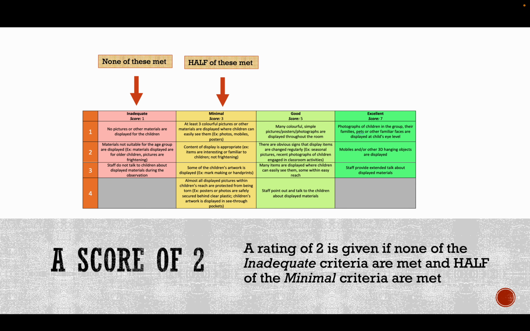So to achieve a 2, you need to get at least 2 of those or 3 of those. If you've just got 1 of the criteria on minimal, then you're still stuck at a number 1. You are inadequate. If you've got 2 or 3, then your overall score for this item would be a 2.